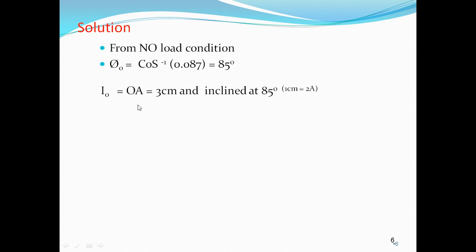So I naught is 6 by 2, that is 3 centimeters at an angle of 85 degrees.